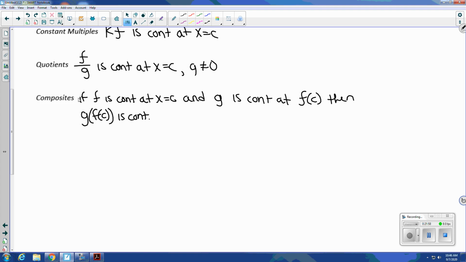So when we have a composition, if the inner function's continuous at c and the outer function's continuous at the value that the inner function produces at c, then we have continuity for the composite function.